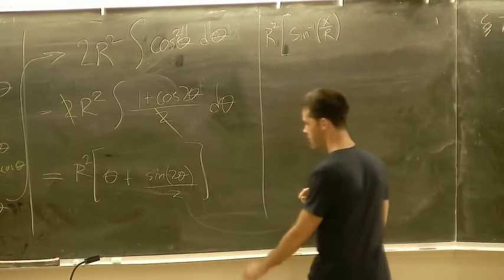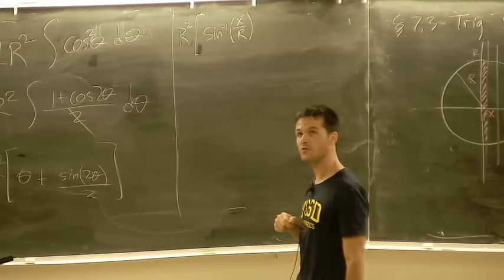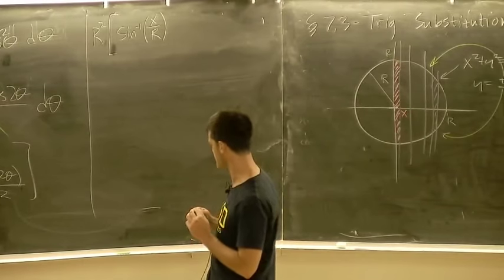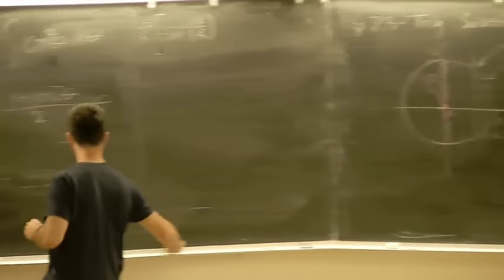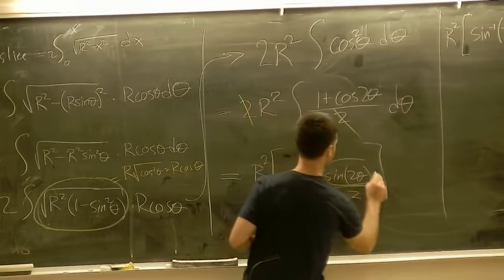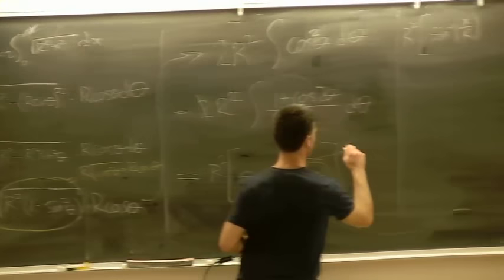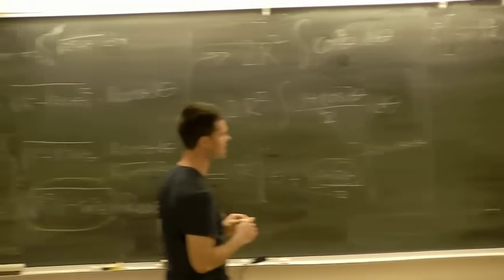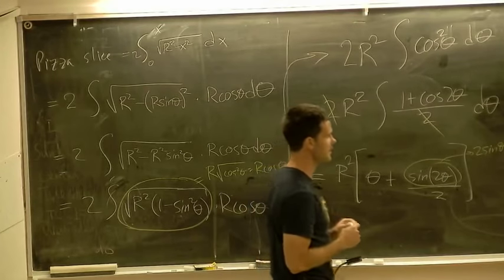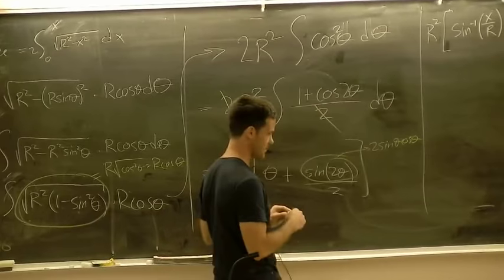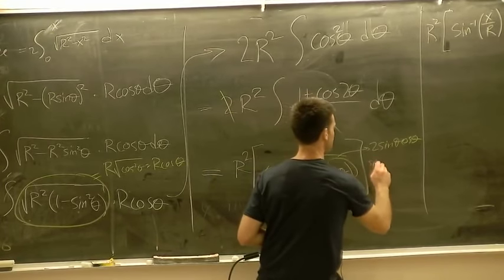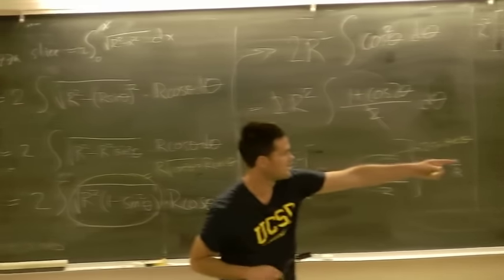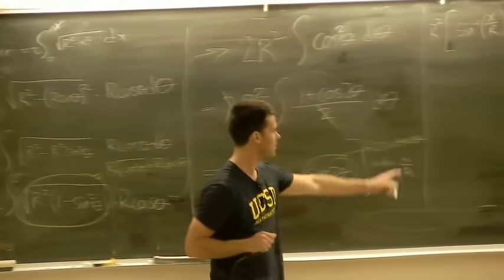And sine 2 theta is 2 sine theta cosine theta, right? The reason I mention that is that sine theta is x over r, according to our substitution.